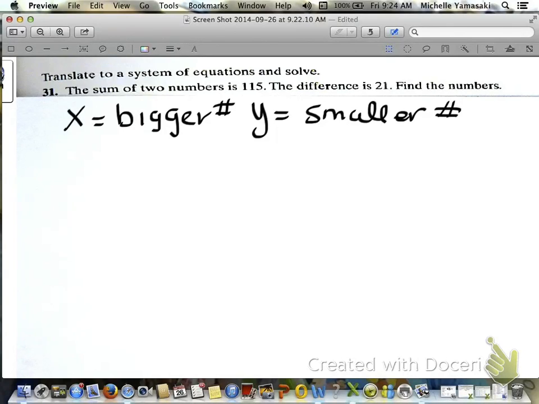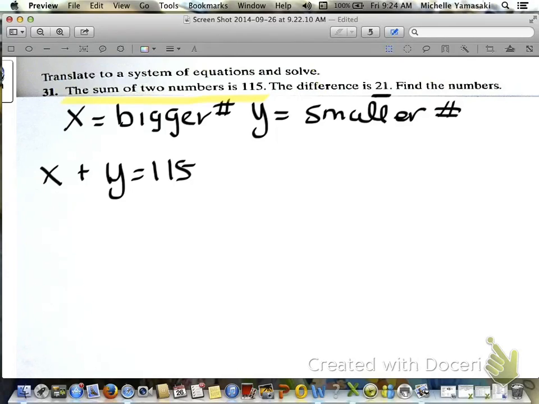So, how would I translate just this part? The sum of two numbers is 115. Claire? X plus Y equals 115. Perfect. First equation, X plus Y equals 115. Now, the second equation, Javon. 21 equals X minus Y. Can we write X minus Y?